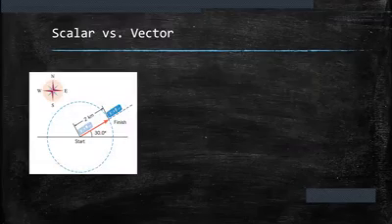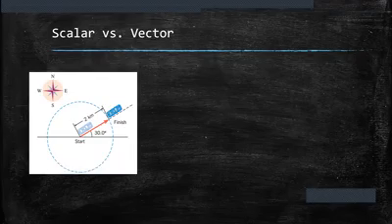Because direction is an important characteristic of vectors, arrows are used to represent them. The direction of the arrow gives the direction of the vector.